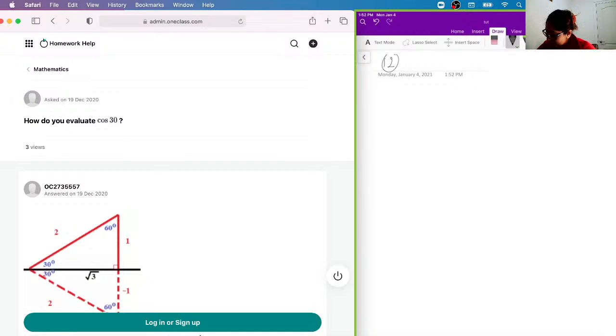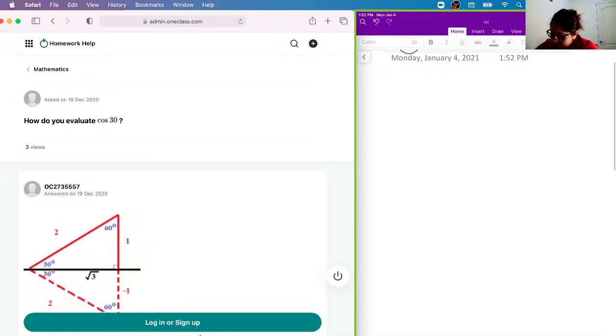In this case, we would first draw out a triangle. In this case, it would be a right angle triangle.